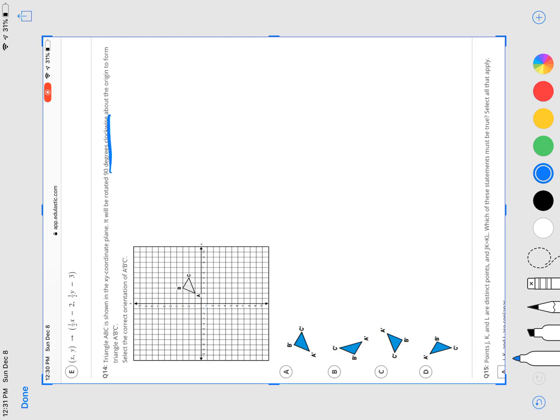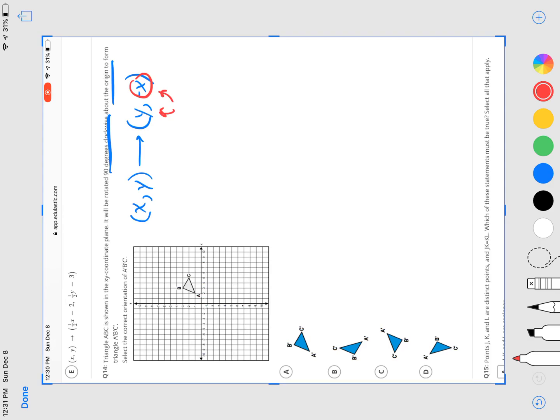Okay, 90 degrees clockwise around the origin, so we can use the rule: (x, y) goes to, for clockwise, (y, negative x). So switch the coordinates and change the sign of the one on the right. You have to switch the coordinates first before you change the sign.